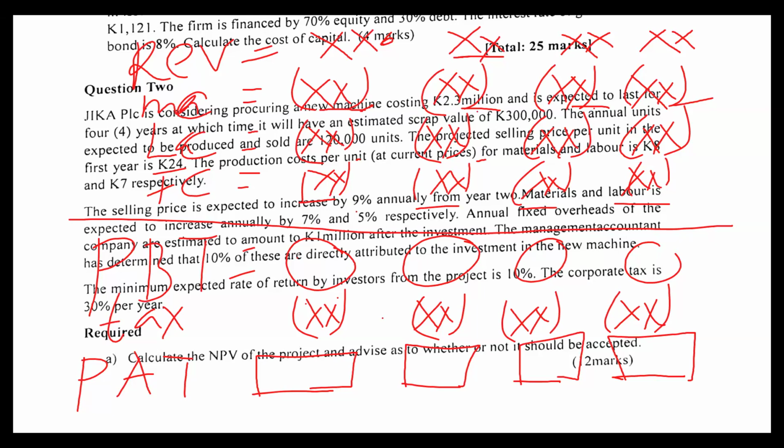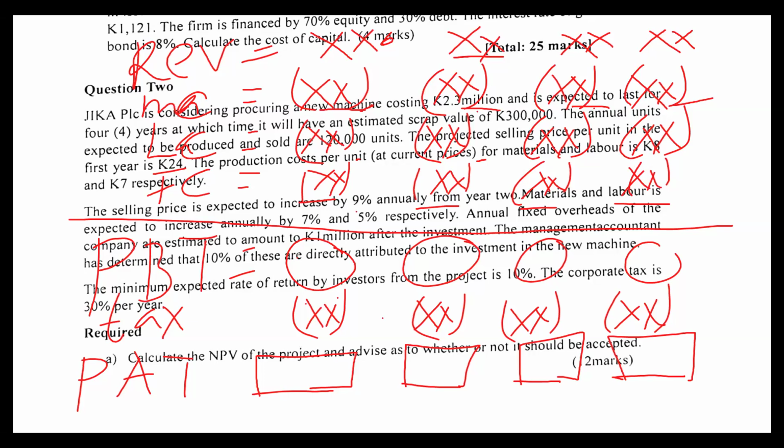So we need to discount them to the present, get the present values of these cash flows. And then using the present values of the cash flows, you determine the net present value of the project, and then make the conclusion from there. Up to here, are you okay? Do I have any question?